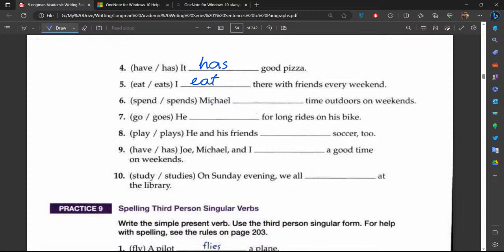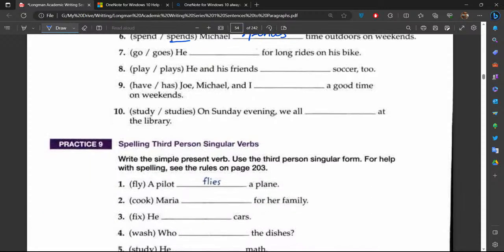Spend, spends. Michael is a singular noun again, a subject, a single person. What do we use there? Michael spends. Go, goes. He goes for long rides on his bike. Play, plays.